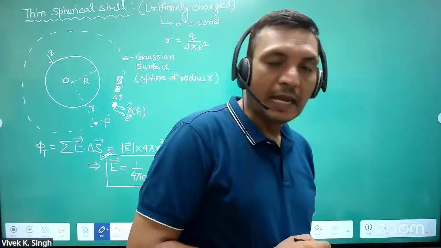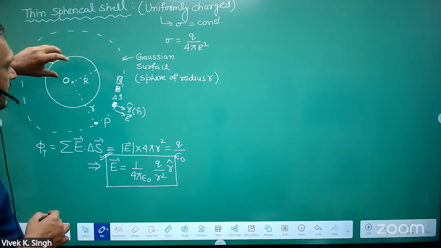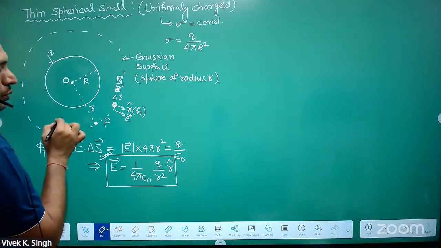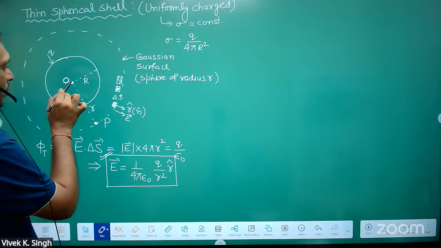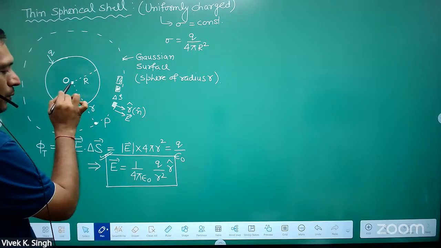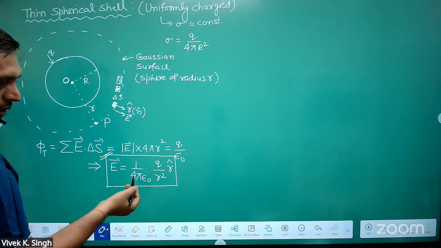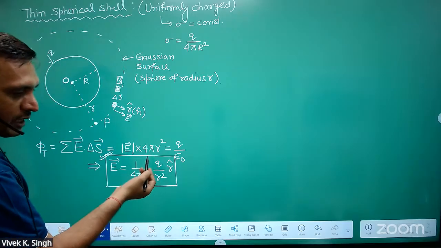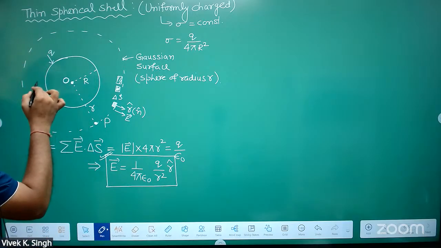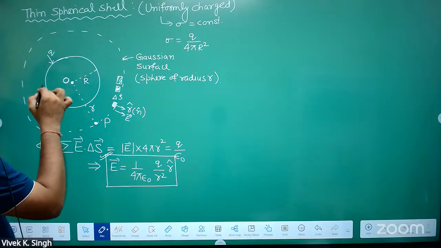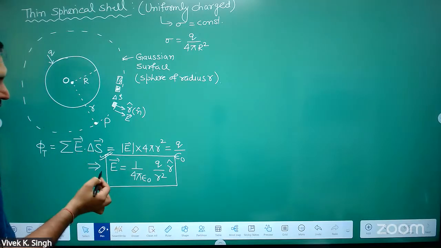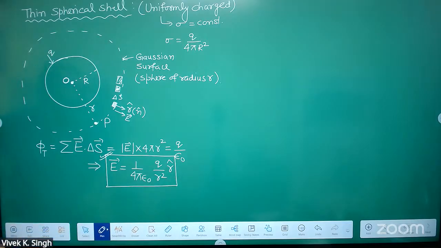So outside, you are assuming that the total charge Q is concentrated at the center O. If you consider some point charge Q at O, then this electric field is just like the field due to a point charge Q. So for a spherical shell, you have to consider all the charges concentrated at the center, and r distance away, this will be the electric field.